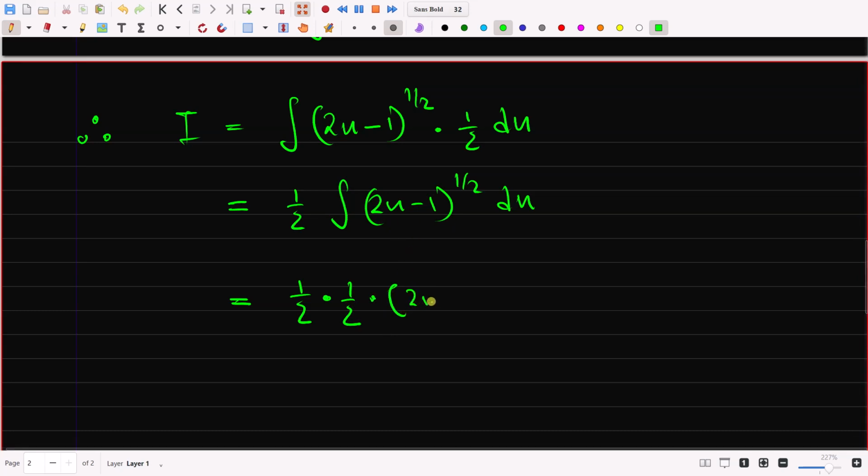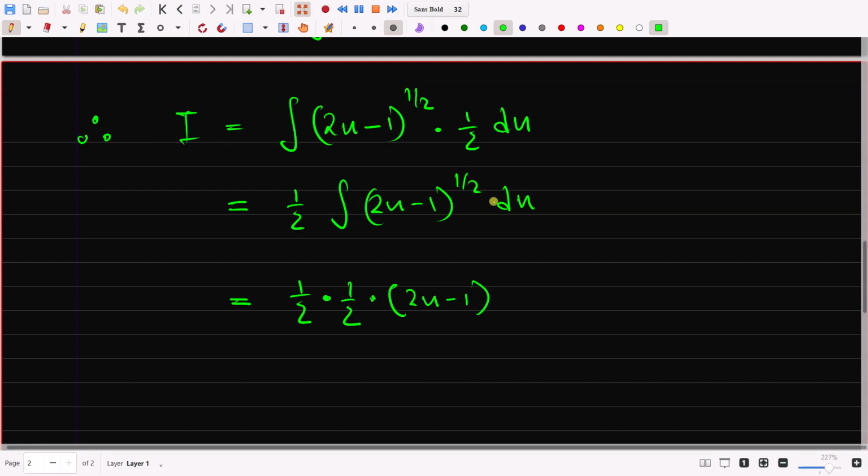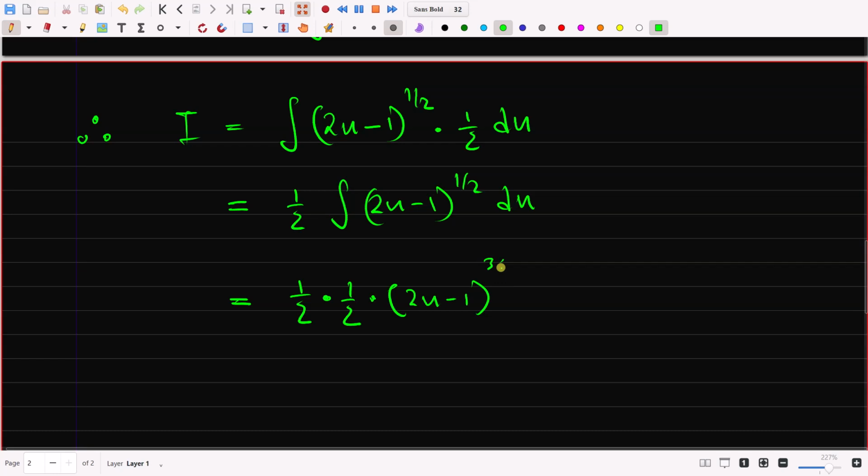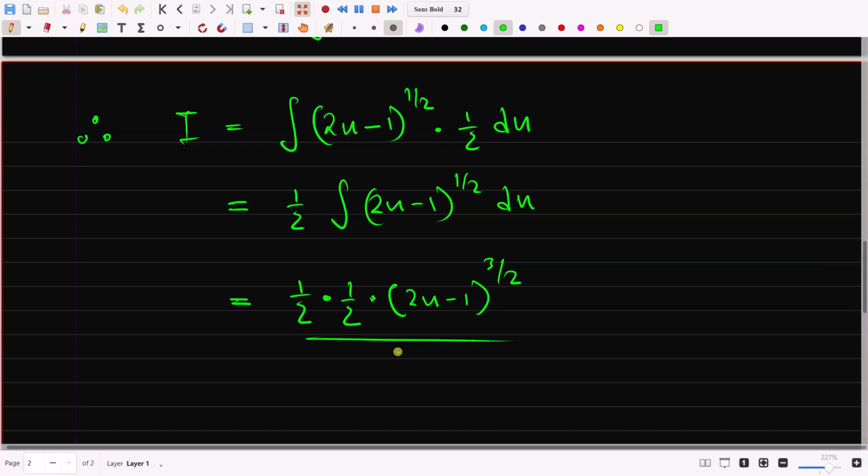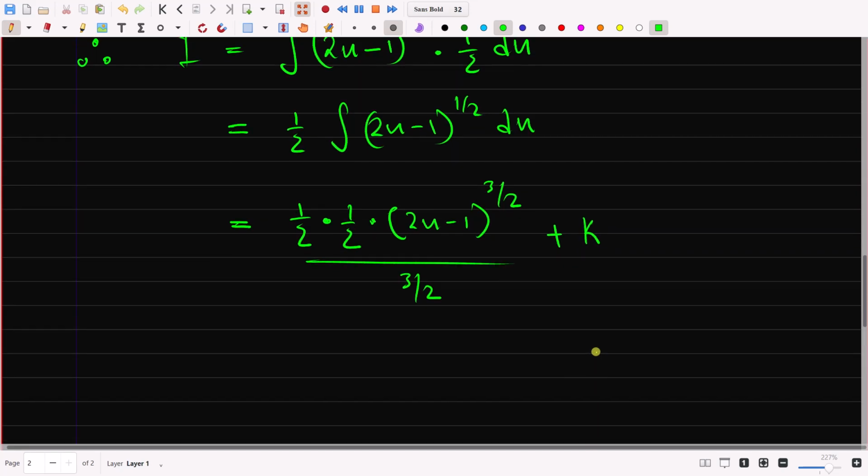Then you take your term as it is, and increase the power by 1. When you take half and add 1, you get 3 over 2. Then you divide everything by the new power, 3 over 2, and add the integral constant.